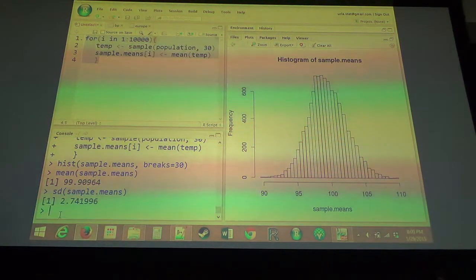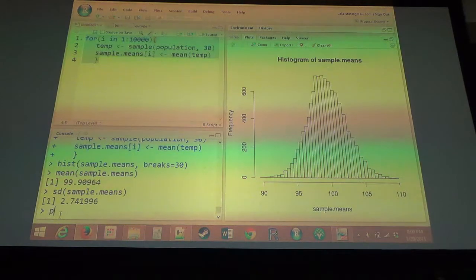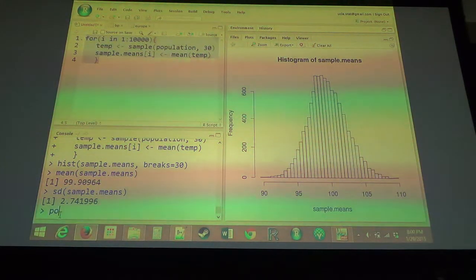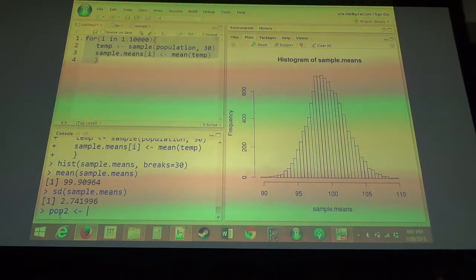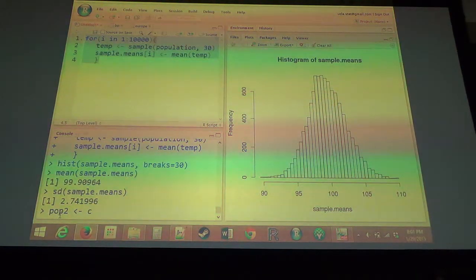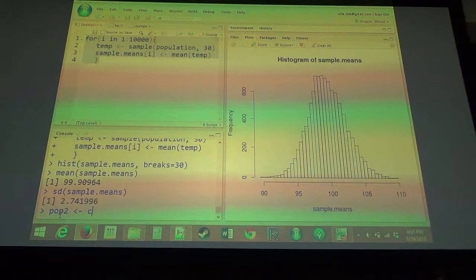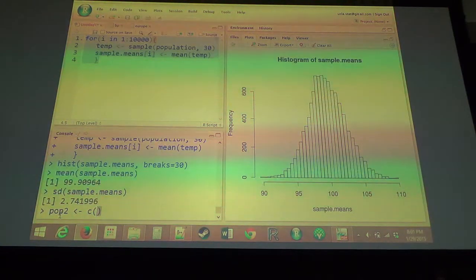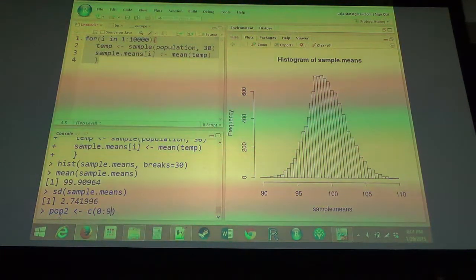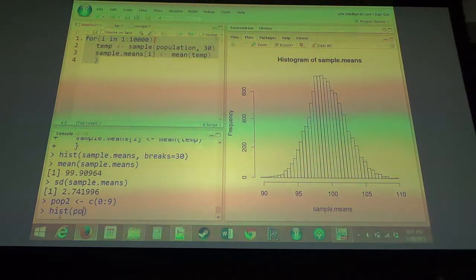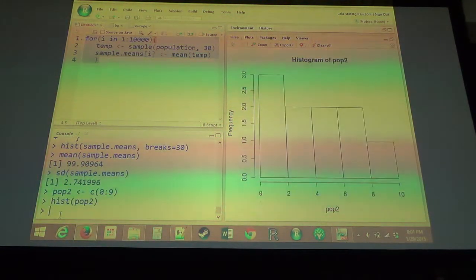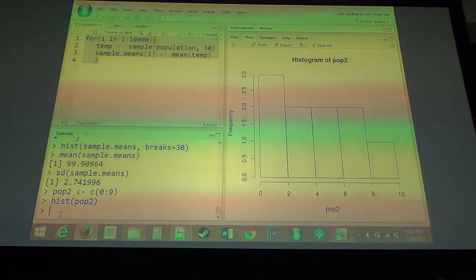Okay, so I'm going to create a new population. I'll call this Pop2, and population 2 is just going to be the numbers 0 through 9. Or you want 1 through 10? We'll do 0 through 9. So if I say histogram of Pop2, well, of course it's going to do that.